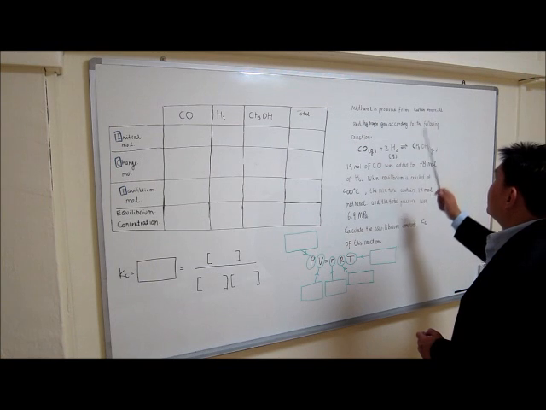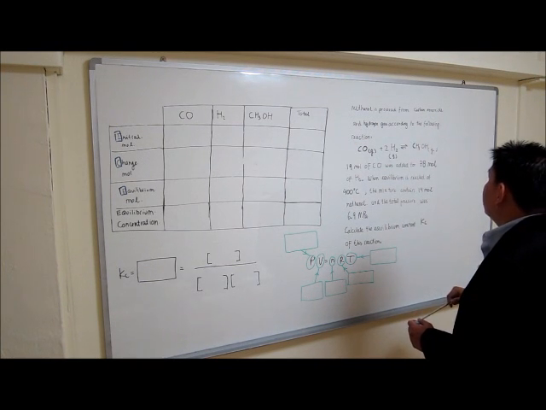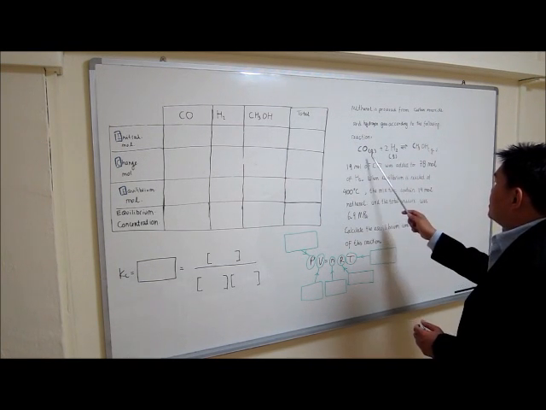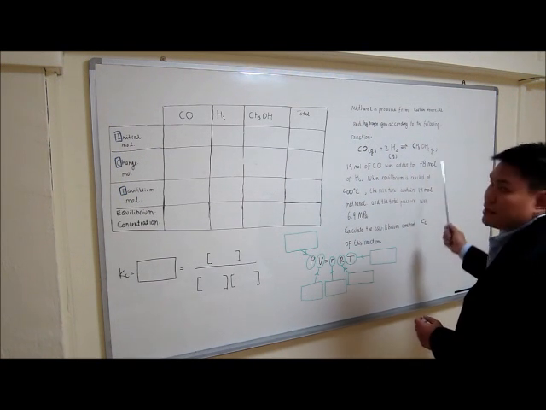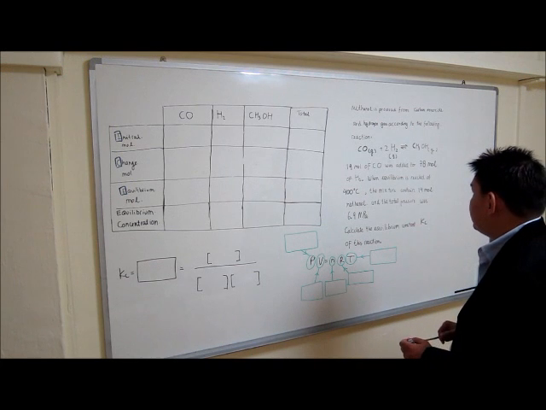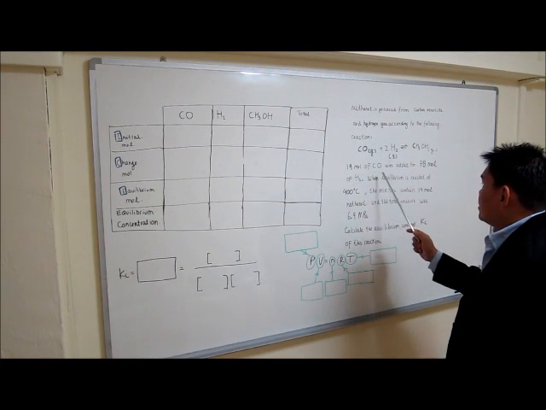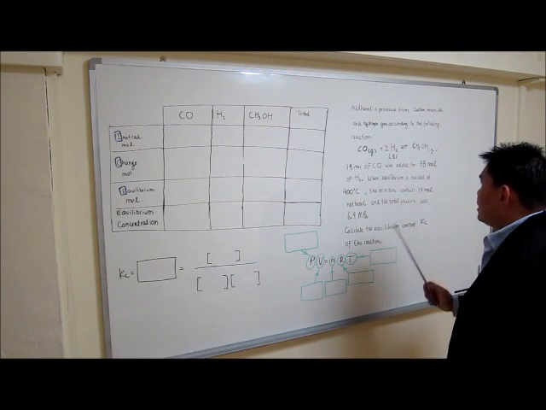Methanol is produced from carbon monoxide and hydrogen gas according to the following reaction: CO plus 2H2, equilibrium sign, CH3OH, which is methanol. 19 mole of carbon monoxide was added to 78 mole of H2.